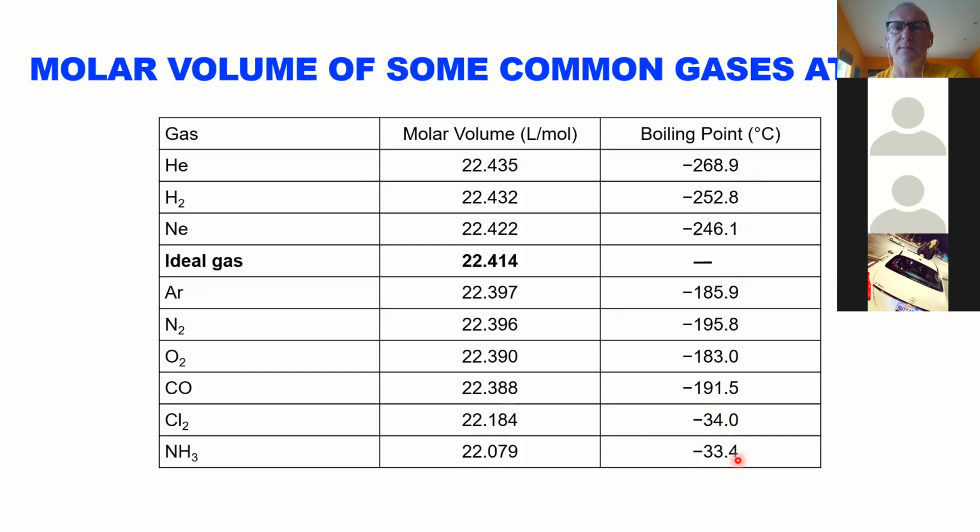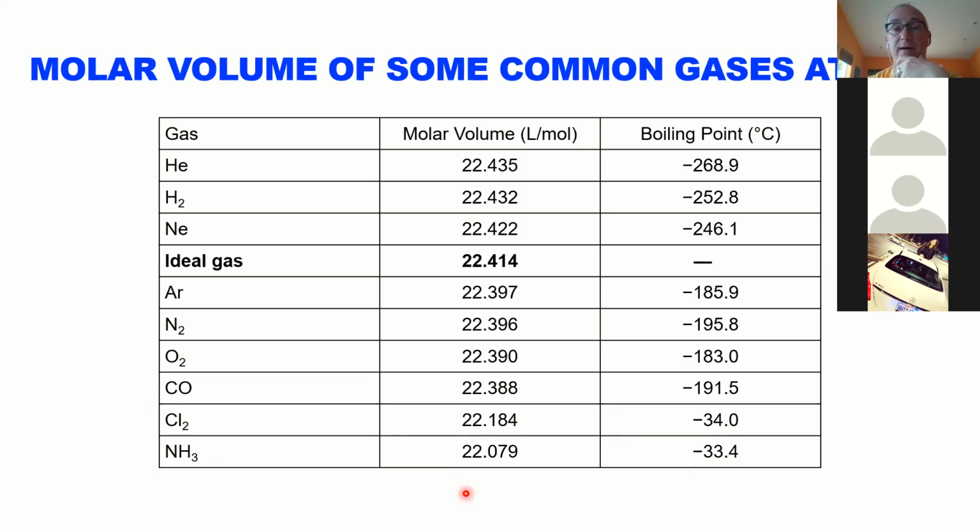And hopefully we remember the difference between polar and nonpolar, right? Polar molecules have more electron density on one side of the molecule than the other. And so that makes it polar. Ammonia has a lone pair of electrons on the nitrogen, so it is quite polar.